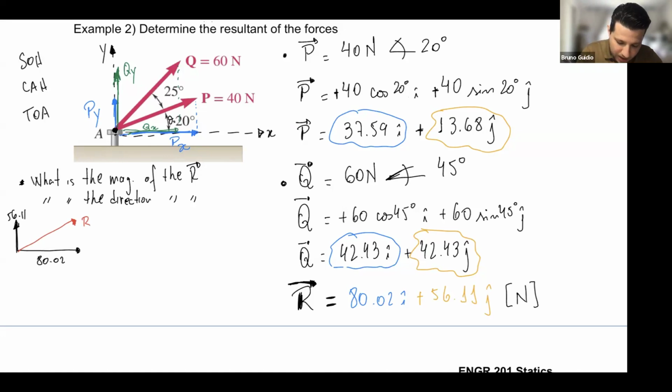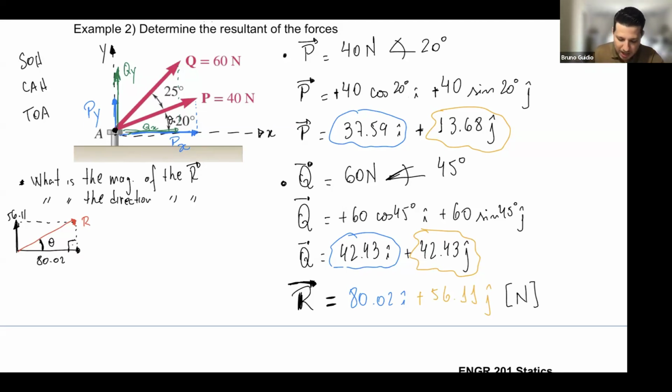With the X component and Y component. And what's going to be the direction? Well, the direction is going to be this value right there. Take a look, what do we have here? Right angle triangle. How can I find R if I have a right angle triangle?